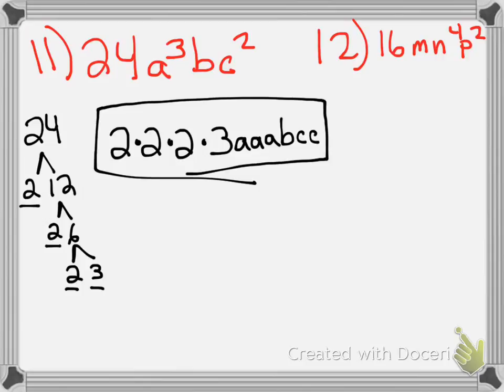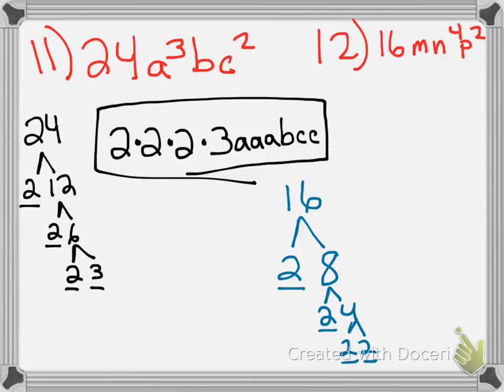Alright, last one we're going to do together is number 16. So let's do a factor tree down here for 16. 2 and 8 works. 2 and 4. 2 and 2. So 2, 2, 2, 2.